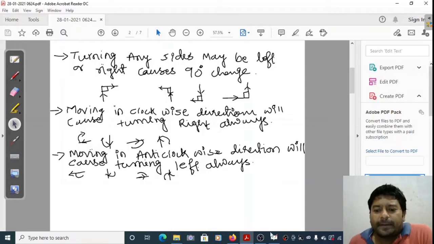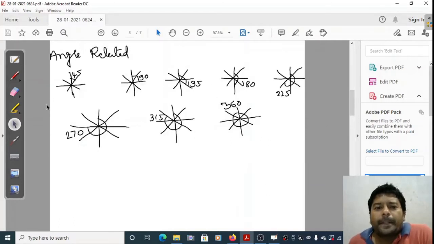Regarding angles, see, the person is turning clockwise 45 degree, then it is pointed here. If he is facing north east, then it is 45 degree. From north, if he is facing east, then it is 90 degree.